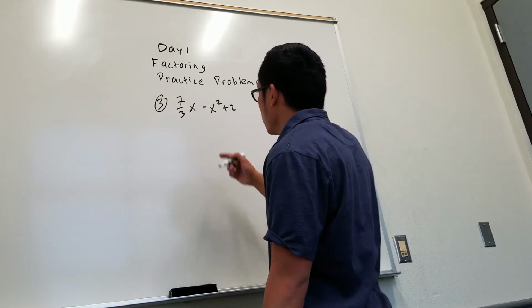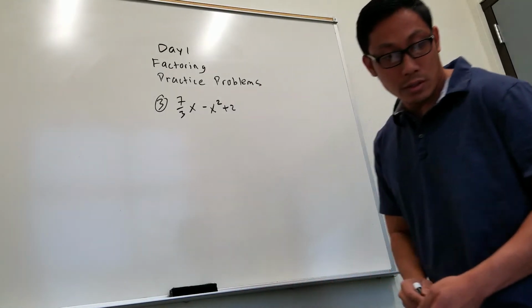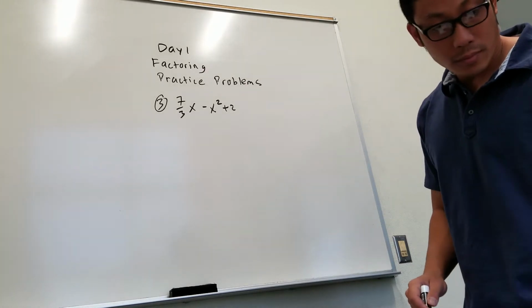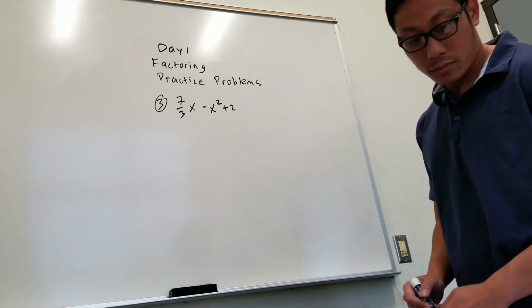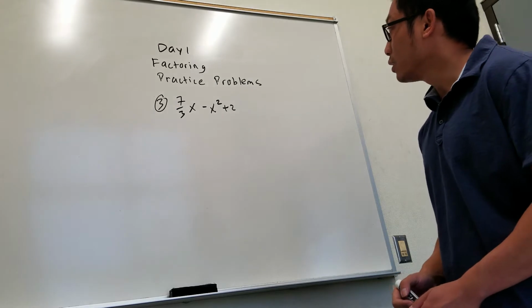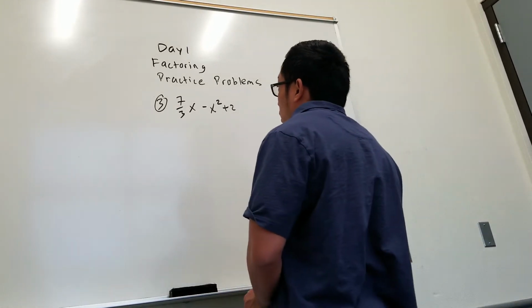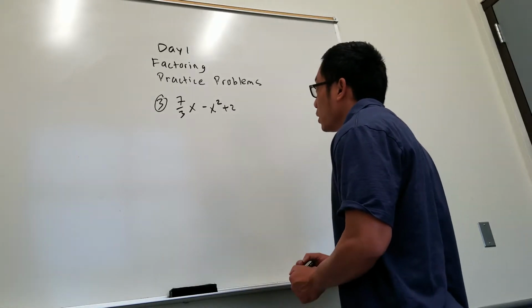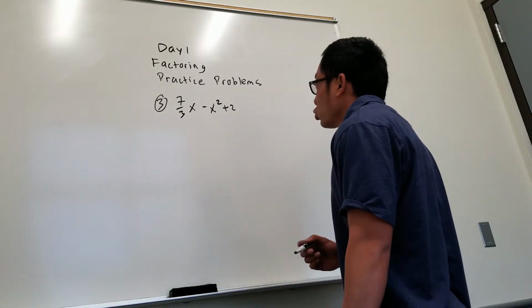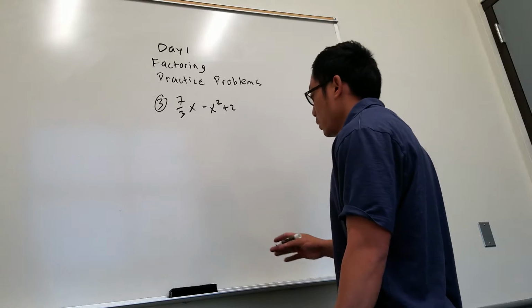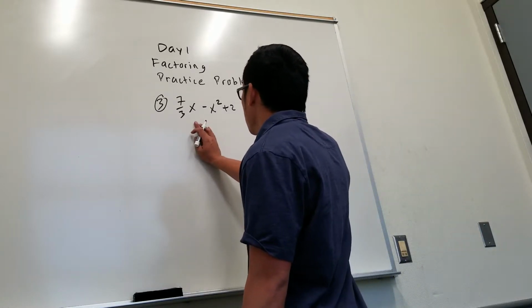So what I can do is basically look at example 3, what I did last time. It's a little different, I have to say. But what can I do? Let's just try to do it anyway. I'm going to factor out the GCF, right?